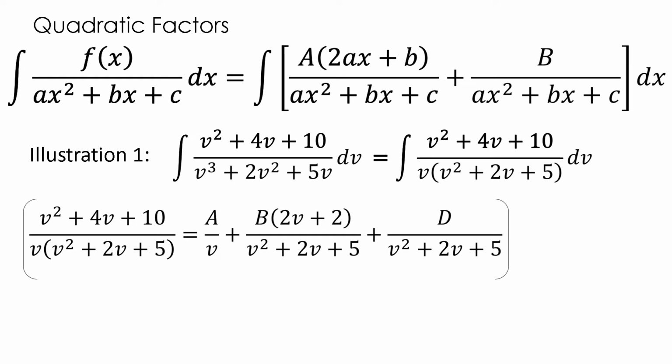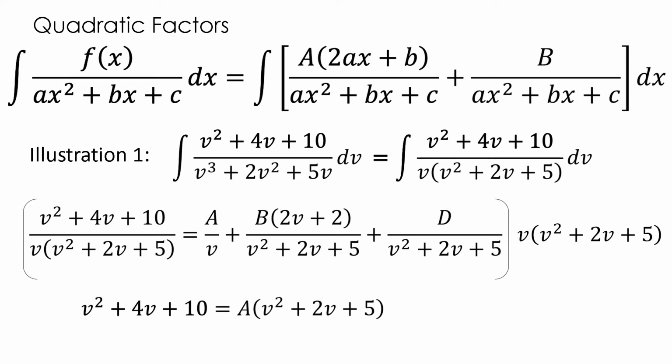We shall multiply the least common denominator, which is v times the quantity v squared plus 2v plus 5, to clear out fractions. And multiplying the LCD, we get v squared plus 4v plus 10 is equal to A times the quantity v squared plus 2v plus 5, because v cancels out.